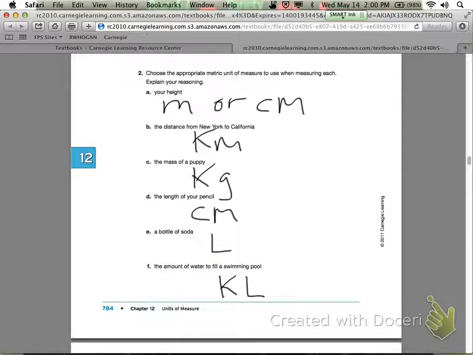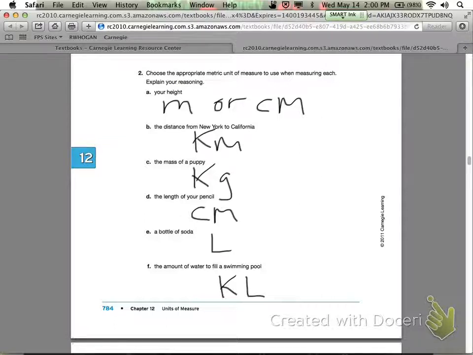If you take a look at letter A, for your height, you would use either meters or centimeters. Millimeters would be too small for your height, and kilometers would be too large. Letter B, the distance from New York to California, you would use kilometers. All the other metric measures of distance would be too small.